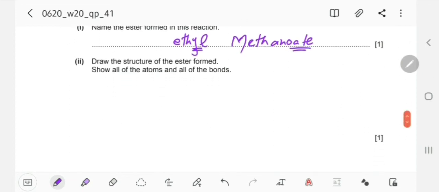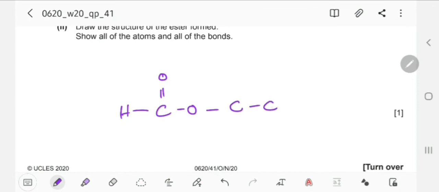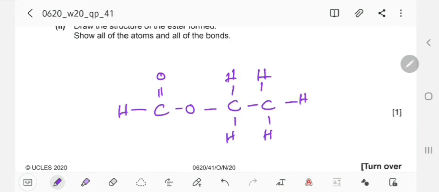Okay, draw the structure of the ester formed. It will be simple. We will draw first the methanoate. Meth means one carbon atom, so we will complete the remaining bonds, and the ethyl branch. Eth means two carbon atoms, so we will draw two carbon atoms and complete the remaining bonds. So it's simply the ester.